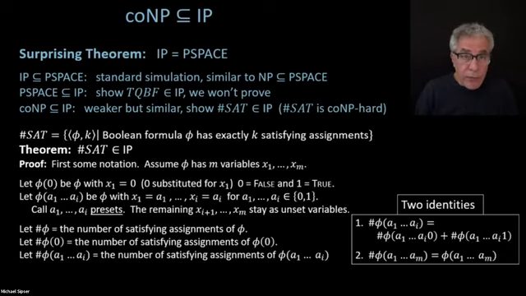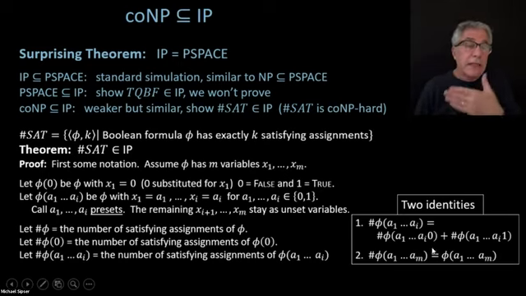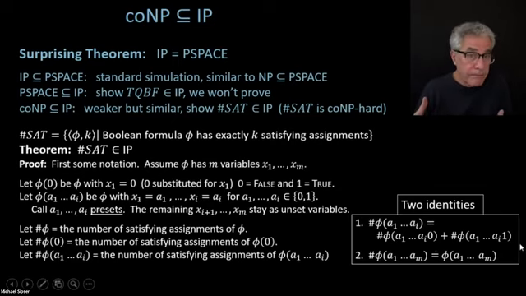And this just generalizes when I look at having already preset the first i variables. So if I preset the first i variables to these i values, the number of satisfying assignments I get there is the number of satisfying assignments I get with those presets plus the next variable being set either to 0 or to 1, and then you add those up. The same idea.